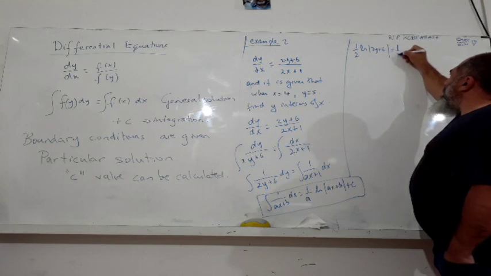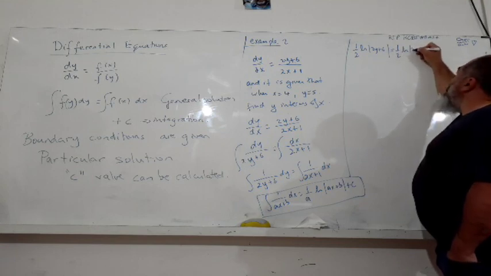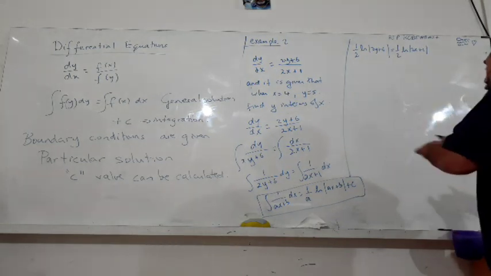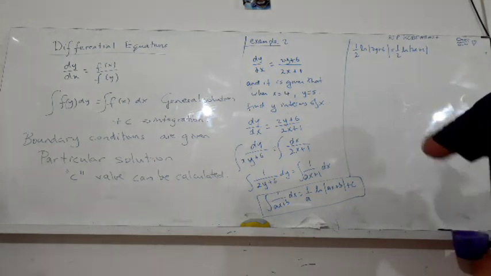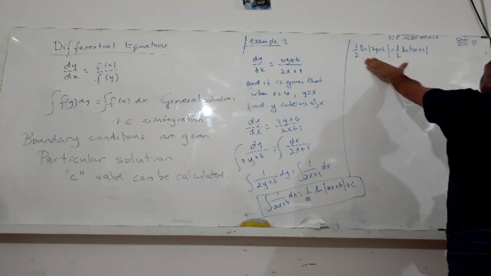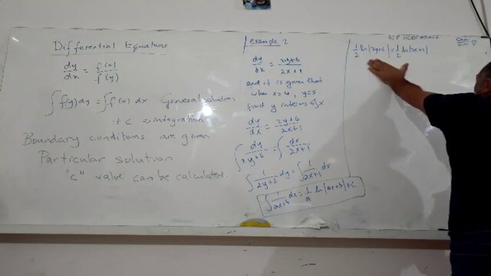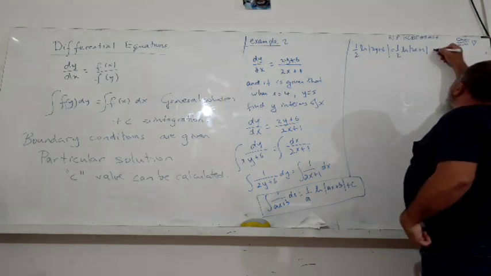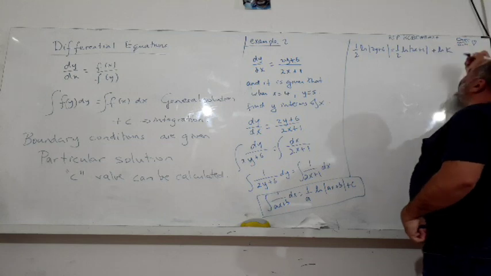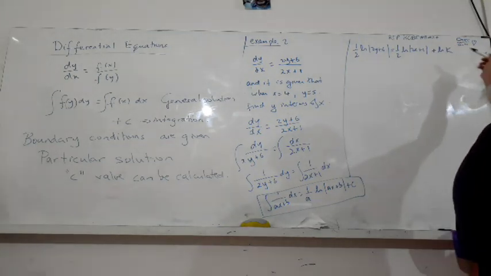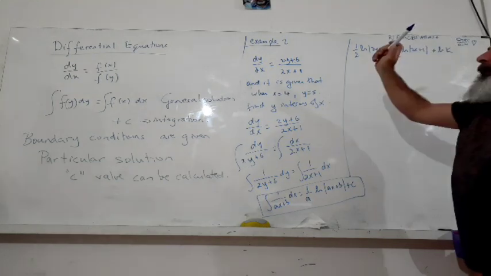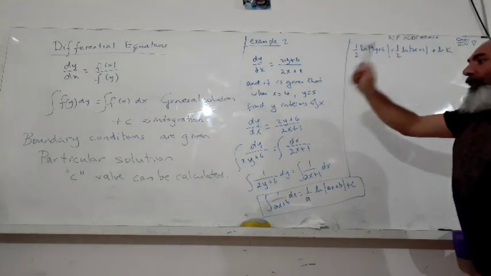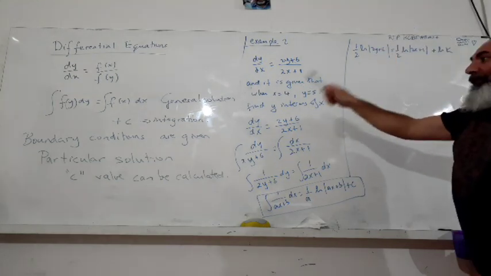Now in this case, because all the expressions here are in terms of ln, instead of c, I am going to put ln k instead of the integration constant c. Because all the terms are written in ln, I am going to put ln k.